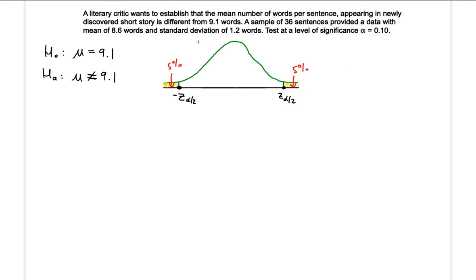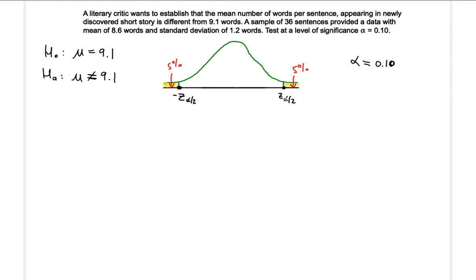So let's do that. Notice that once again the alpha level is 0.10. Here I'm labeling the z at alpha over 2 because we divided the rejection region into two equal parts.